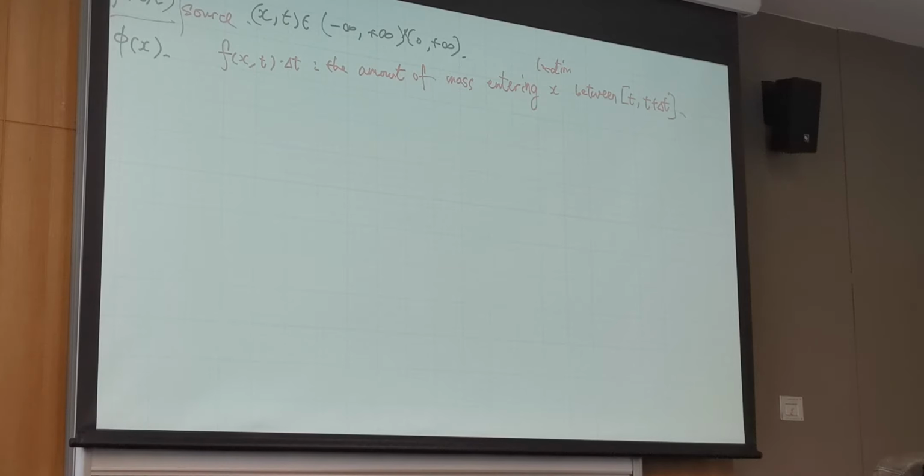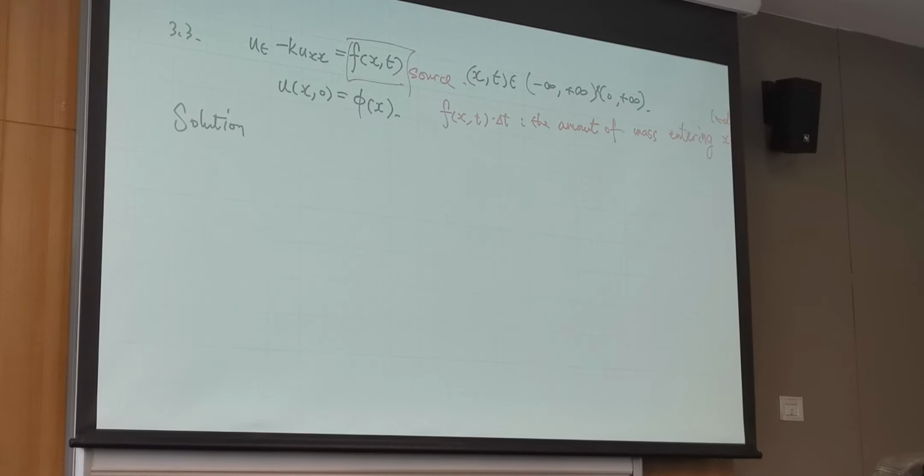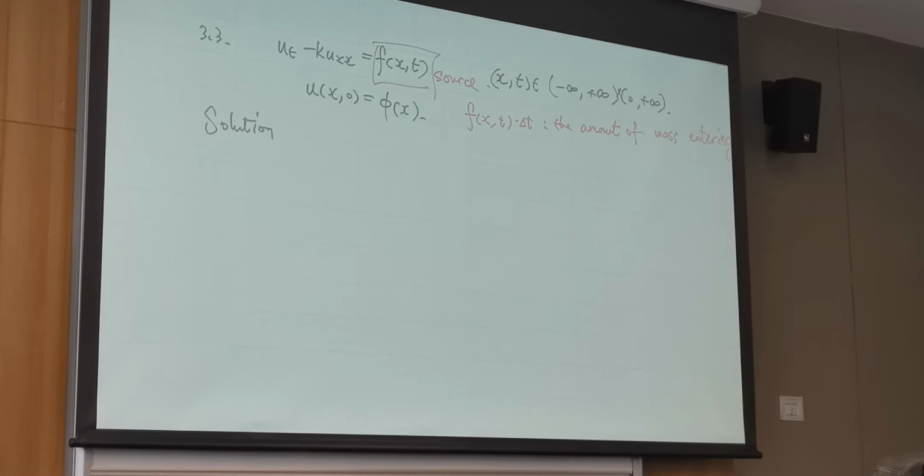So f(x,t) is the source term, and we claim that the solution to the diffusion equation with a source can be written as a combination of 2 parts. The first part is u(x,t), the integration from negative infinity to positive infinity of S(x minus y, t) phi(y) dy. This part is the solution to the homogeneous equation.